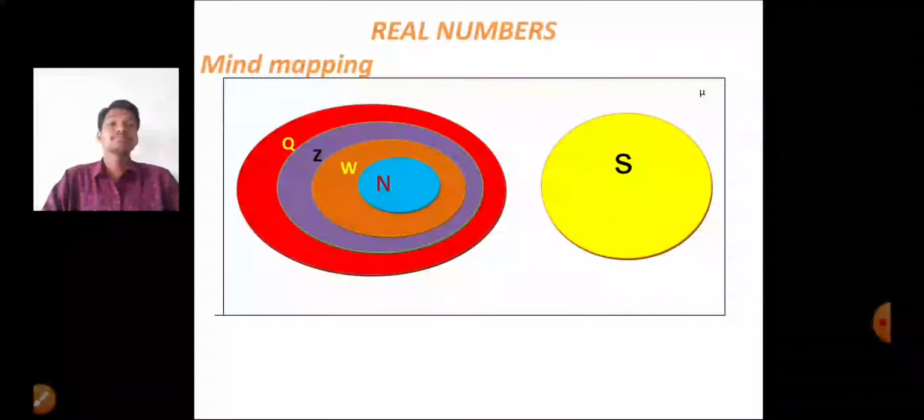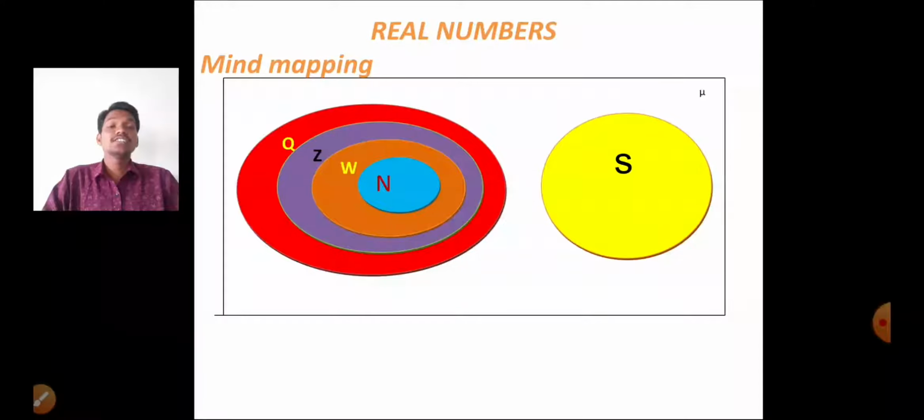Next, this slide shows the real numbers mind map. Natural numbers belong to whole numbers, integers and rational numbers, so these are all one set. Irrational numbers are another set.